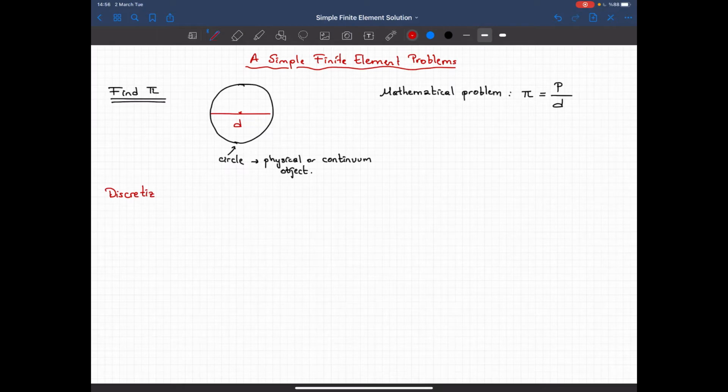So I will divide this physical object into smaller elements, okay? And the elements that I'm going to use for this circle are simple lines. So let's say that I'm dividing this object into 8.